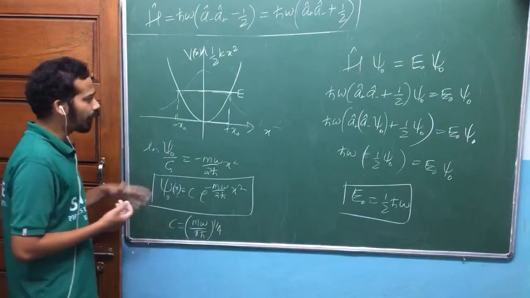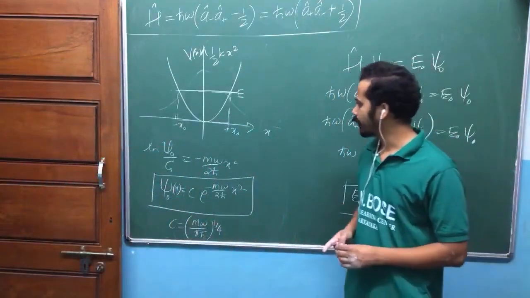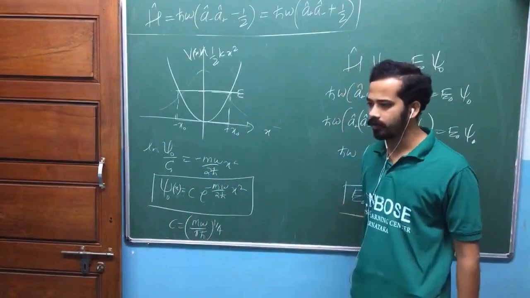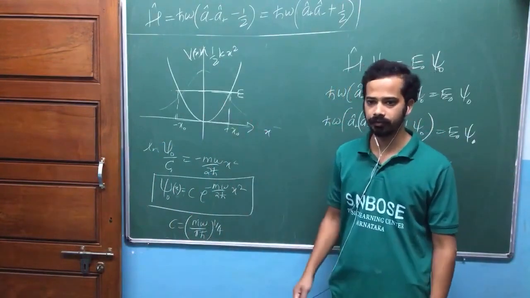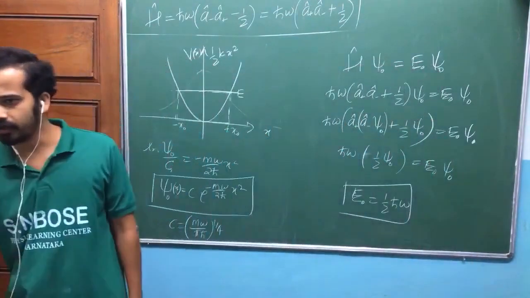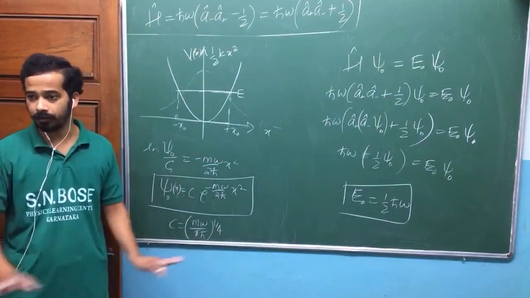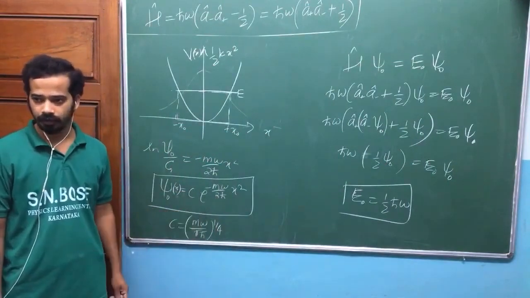Again, it's not like tunneling. Tunneling is the word used in a different situation. But you can say that the particle can exist in a non-classical region also, quantum mechanically. That's why you should take minus infinity to plus infinity. Remember, there is no mathematical restriction on this one.